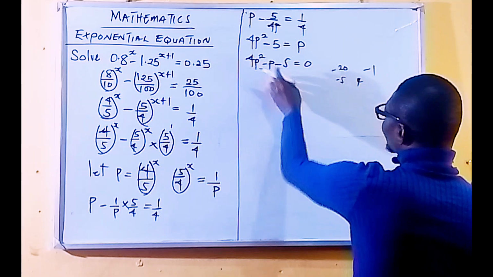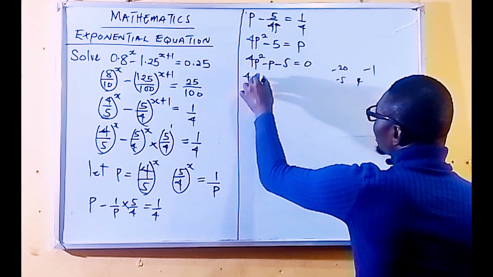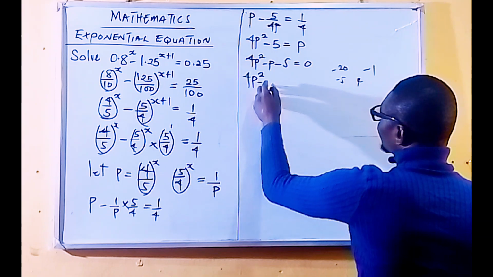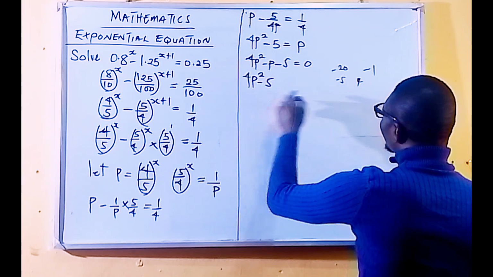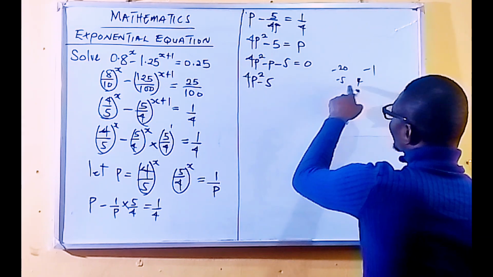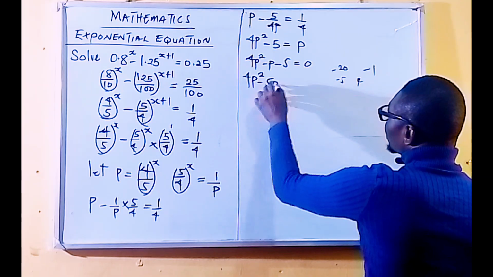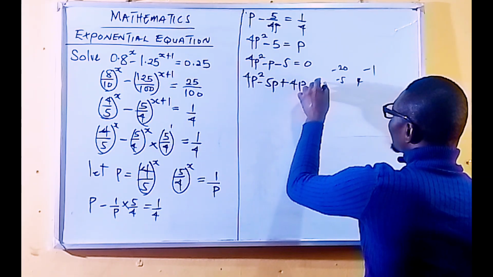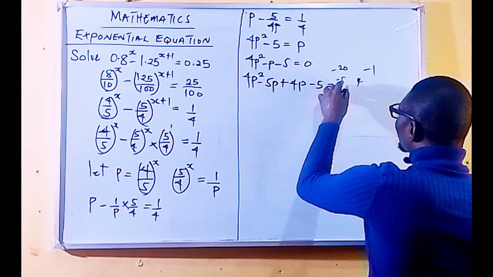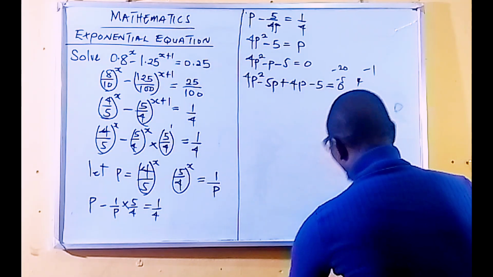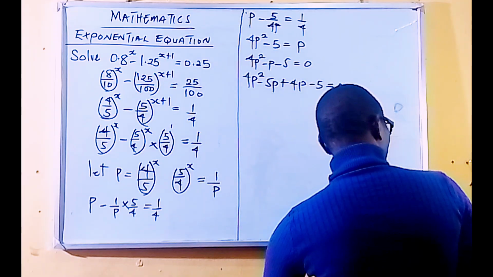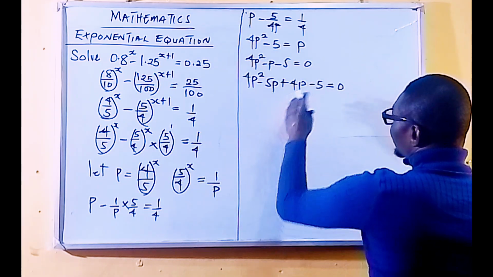So at this point, we split the middle term of the quadratic equation using the two factors. So we have 4p squared minus 5p plus 4p minus 5 is equal to 0. So at this point, we factorize.